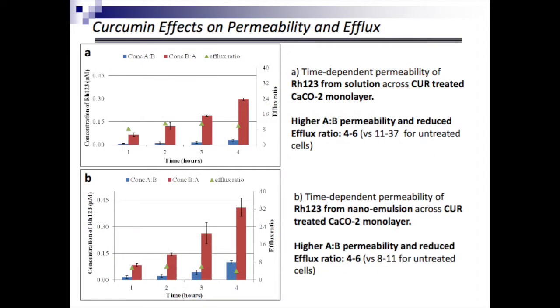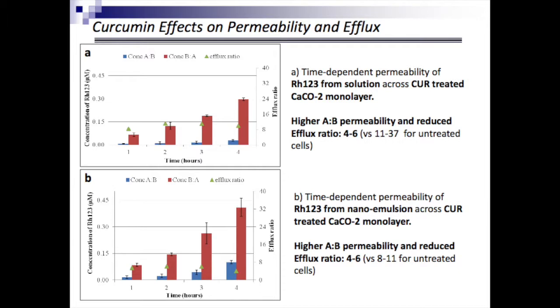So with this pre-treatment, we then repeated our permeability studies using rhodamine 123 both in solution and in nanoemulsion form. And you clearly see that even in solution form, when you pre-treat with curcumin, you are inhibiting these efflux transporters. Now we've been able to suppress the efflux ratio tremendously compared to the previous example when we didn't pre-treat with curcumin. But the effect on the nanoemulsion is even more profound.